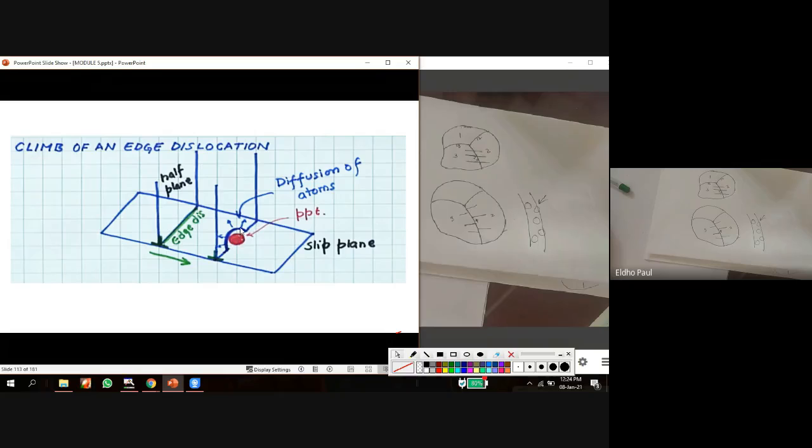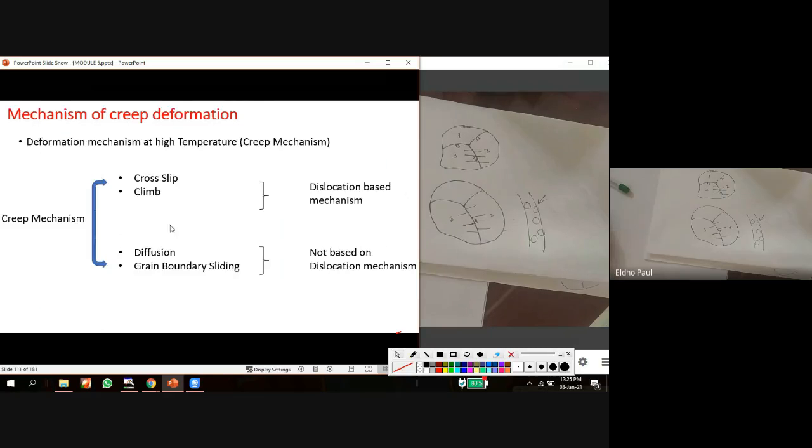They have enough energy for this because creep occurs at a very high temperature, so atoms have very high energy for diffusion. They diffuse into the upper or bottom region by the climb up or climb down process. Thereby climbing is another mechanism of creep deformation.